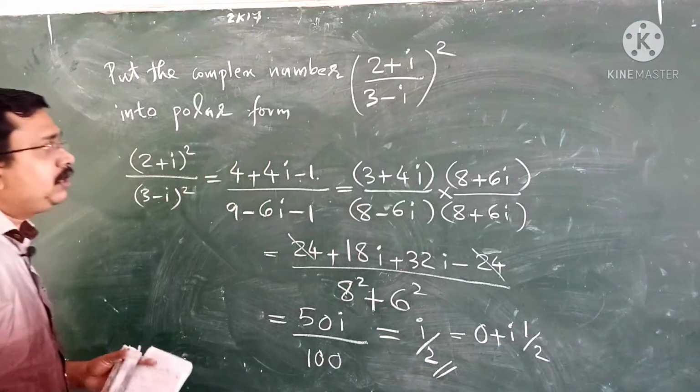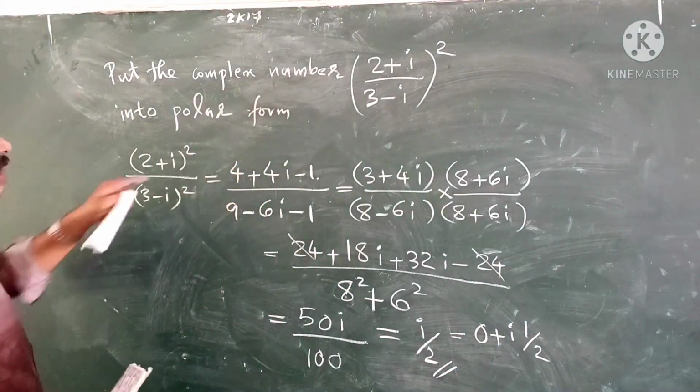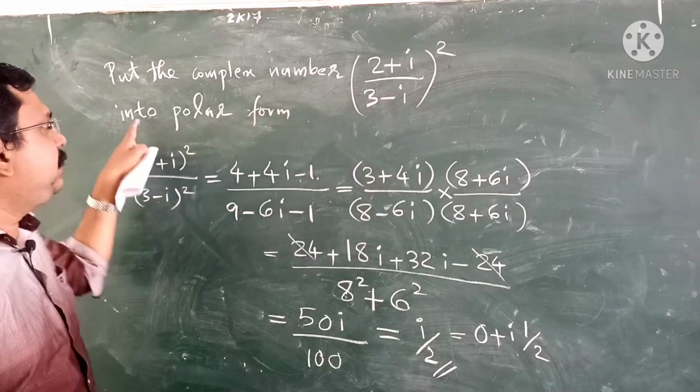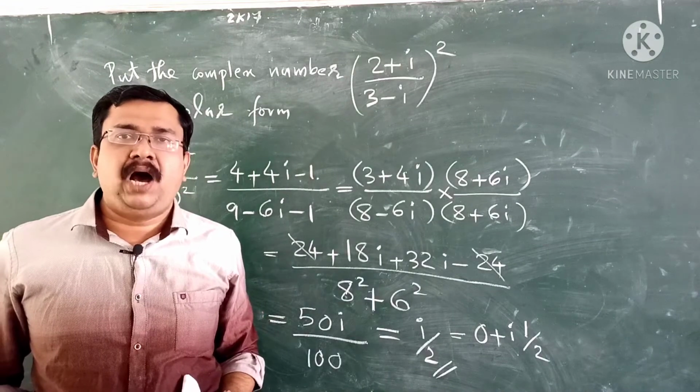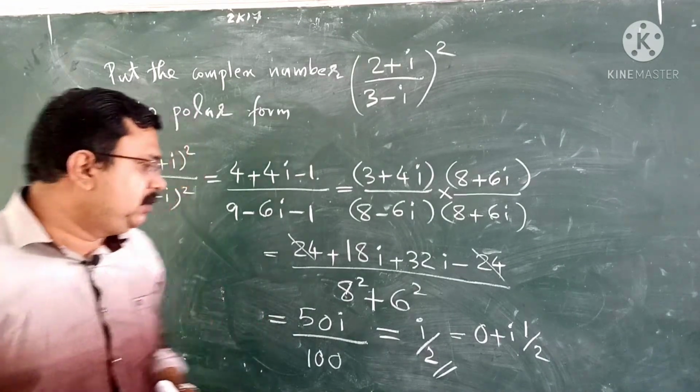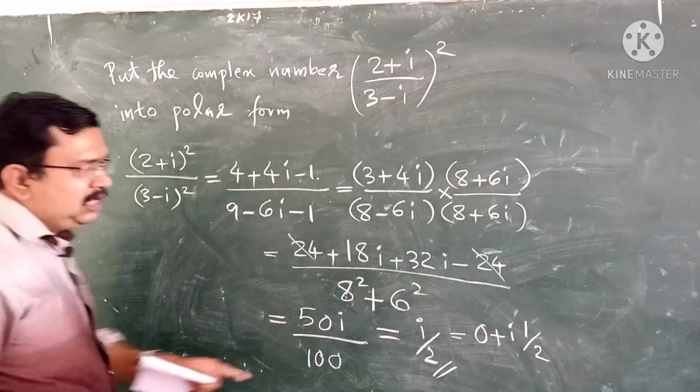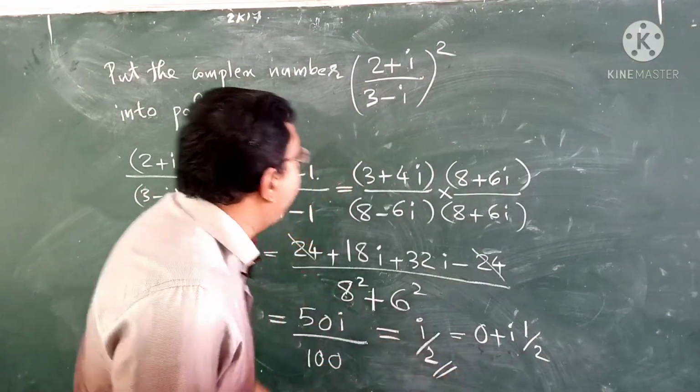Then we want to convert this complex number into polar form. Therefore, we want to find out the value of r and theta. We have the complex number 0 plus i into 1 by 2.